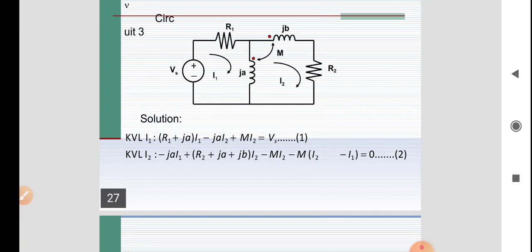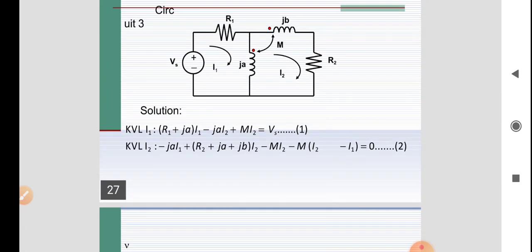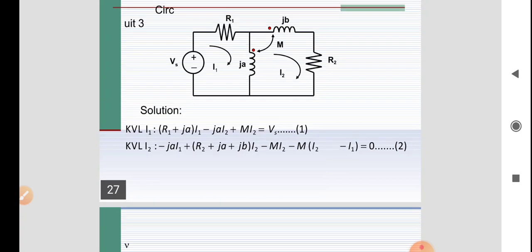That is, I1 is dot to coil, I2 is also dot to coil. As both are flowing in the same direction, the inductance is plus M. For mutual inductance, we need to write the opposite current, for I1 it is I2. That is the reason I am writing plus M I2 equal to Vs.